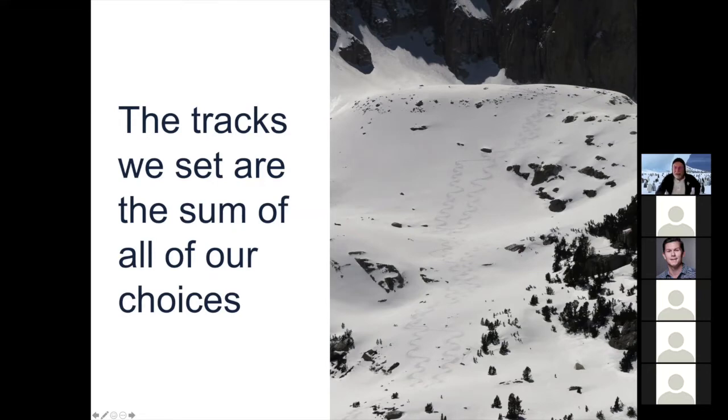This is some tracks that a friend and I made in the Ruby Lake area in Rock Creek, spring corn skiing. We want to ski early in the day, get down before things get too warm.